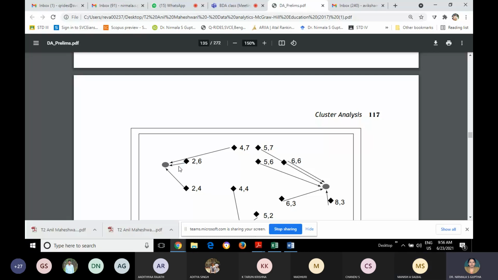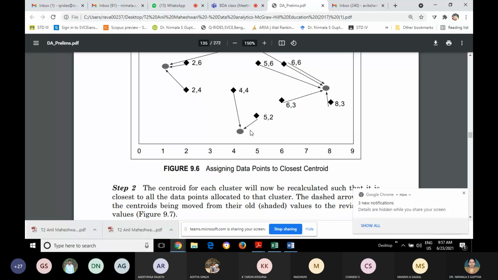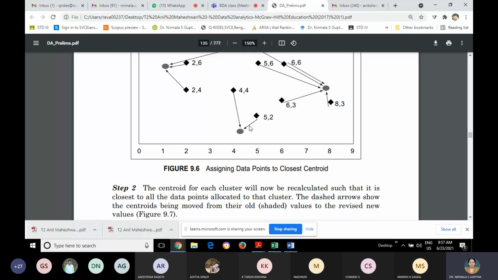You can see there is an arrow pointing from 2,4 to the first centroid, 2,6 and 4,3. Now, when I make a random centroid here, at the bottom above 4, so 5,2, 4,4, only these two data points can be very much nearer. Very much nearer, but 100% it is not nearer.